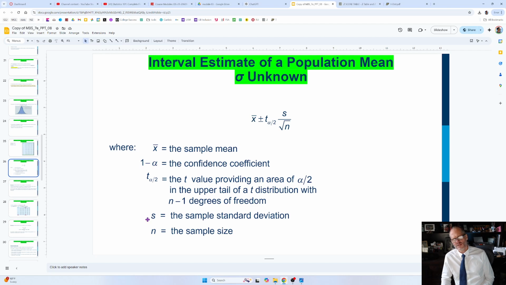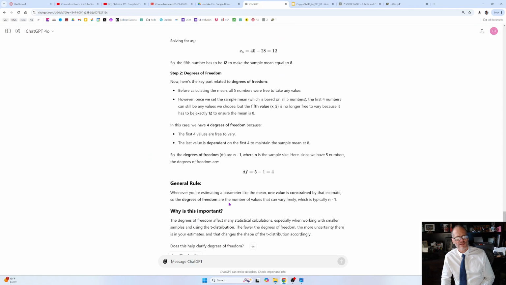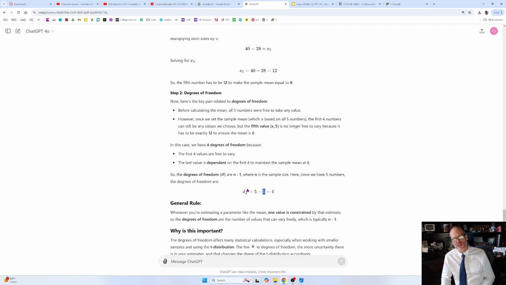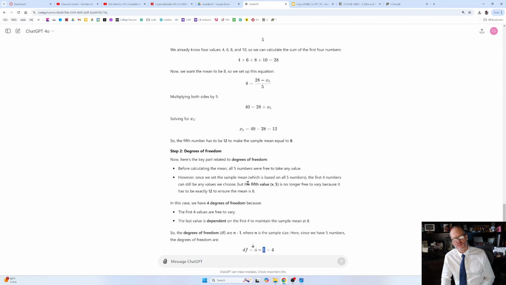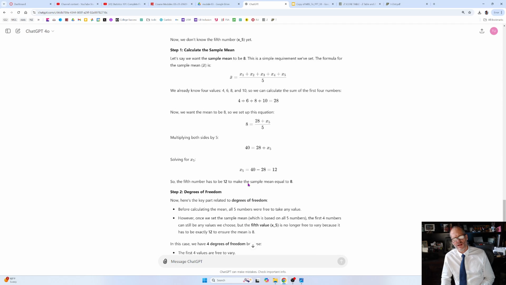Oh, so our degrees of freedom is just the sample size minus 1? Because in the example ChatGPT gave us, with 5 values, 5 minus 1, it's 4 degrees of freedom. There's only one that's not free to vary. Four could vary, but the fifth one has to be determined.